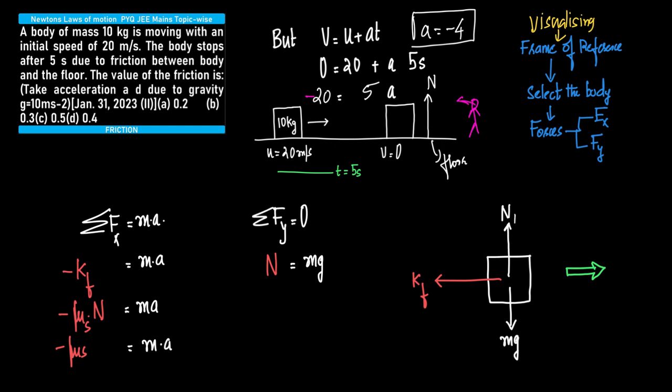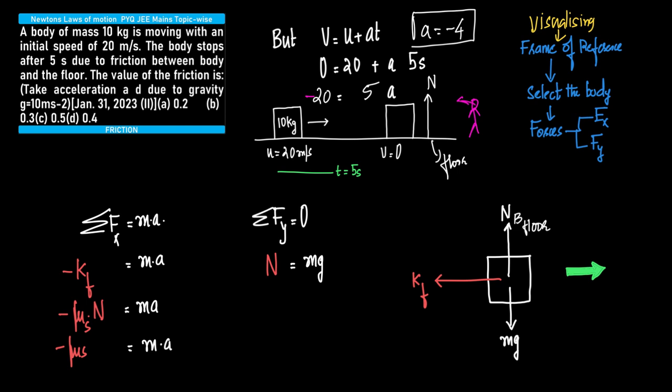So we have normal reaction on the block arising from the floor. And since the net direction of motion is towards the right, we know that friction will act.